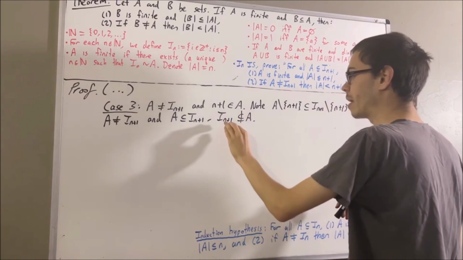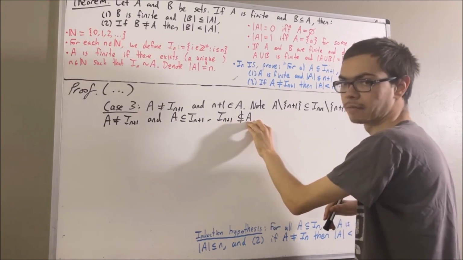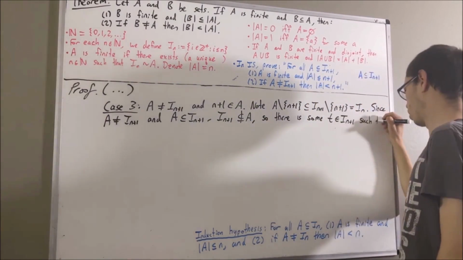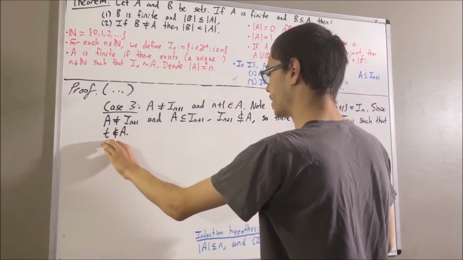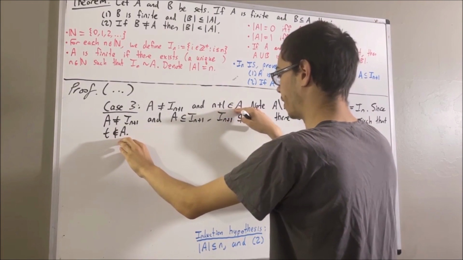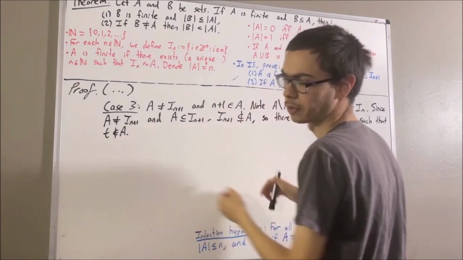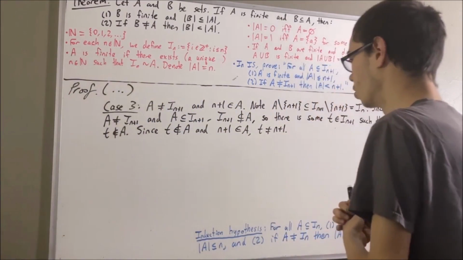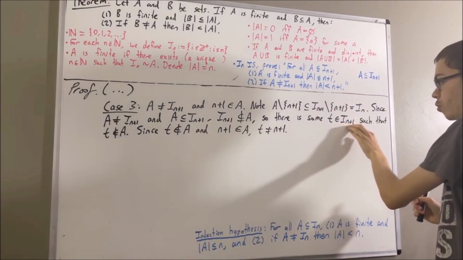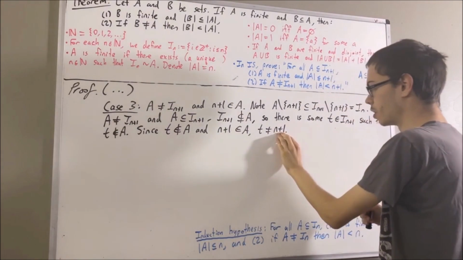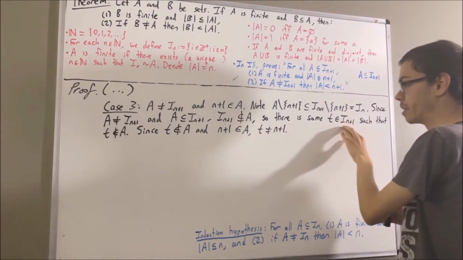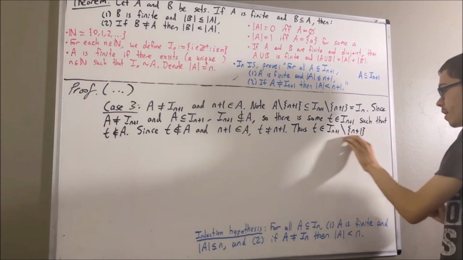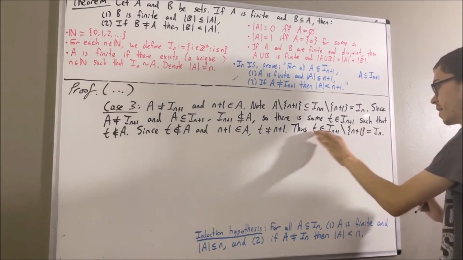Well, it means that there is some element in IN plus 1 that is not in A. I'll call that element T. And since T is not an element of A, and N plus 1 is an element of A, we must have that T is not equal to N plus 1. From here, we see that T is an element of IN plus 1, but not equal to N plus 1. So, T is an element of IN plus 1 set minus N plus 1. And we know that this set is equal to IN. So T is an element of IN.